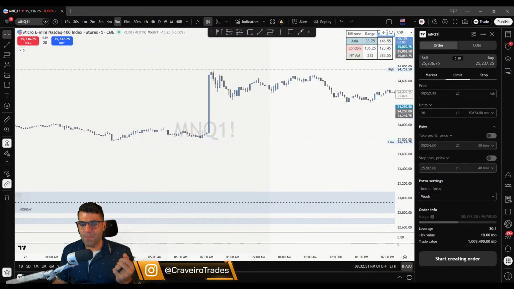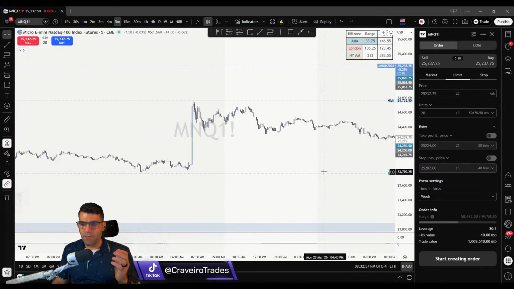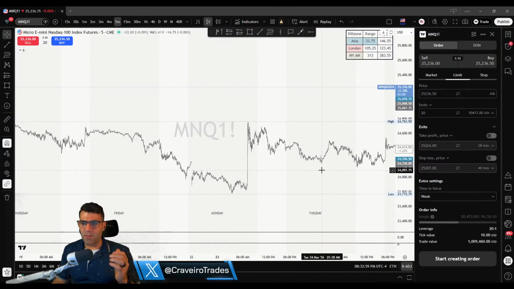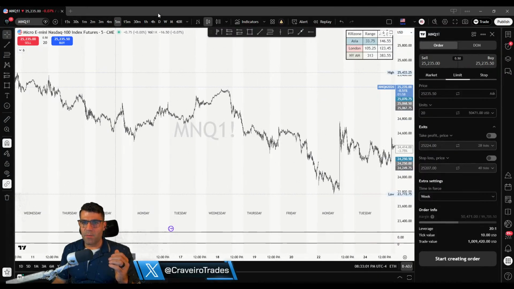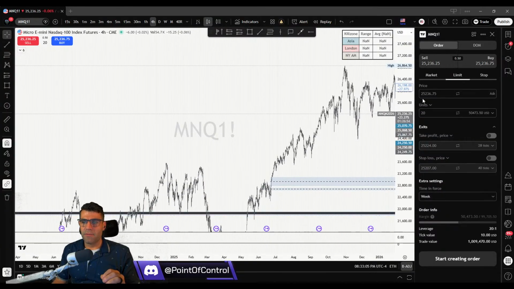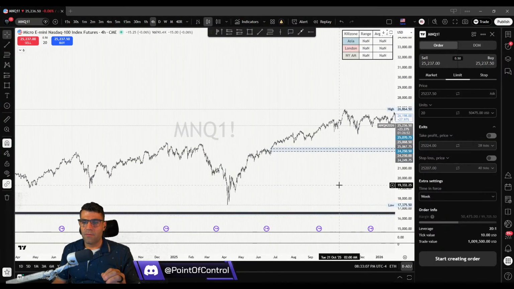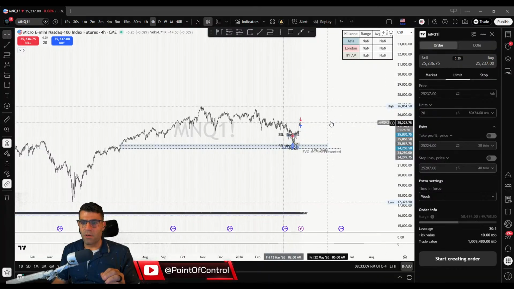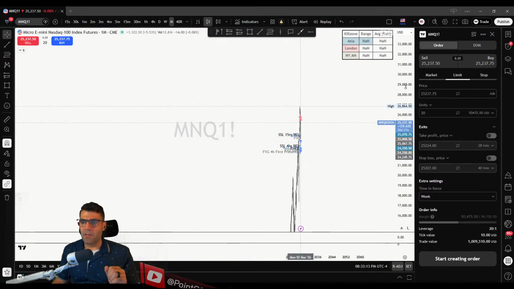All right. So that would be shorting the asset versus buying the asset, as well as why it's important to have a higher time frame narrative over a lower time frame narrative. Okay, the higher you go, this is a monthly chart.